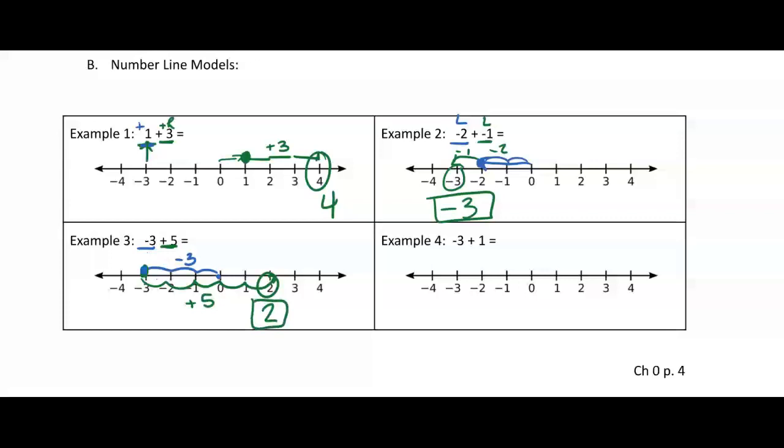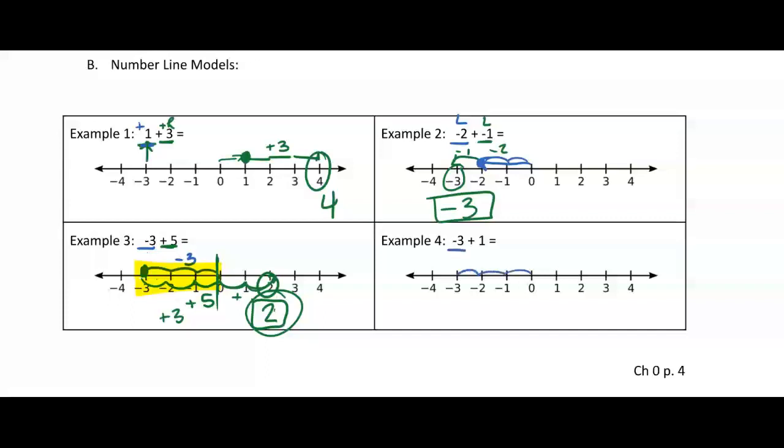And we see this canceling action happen again, where this positive 5 is being broken up into going 3 in the positive direction to get me back to 0, and then having 2 more positives left to end at our positive 2.